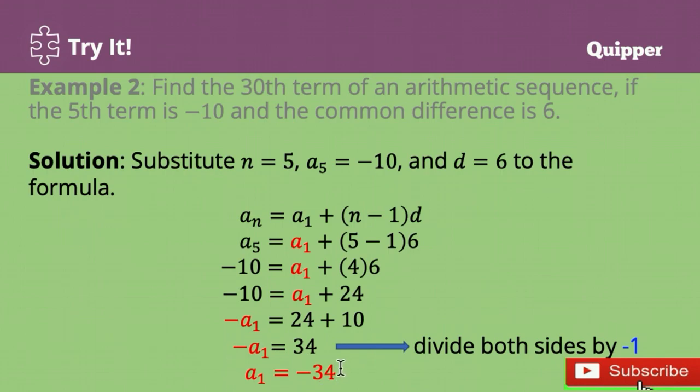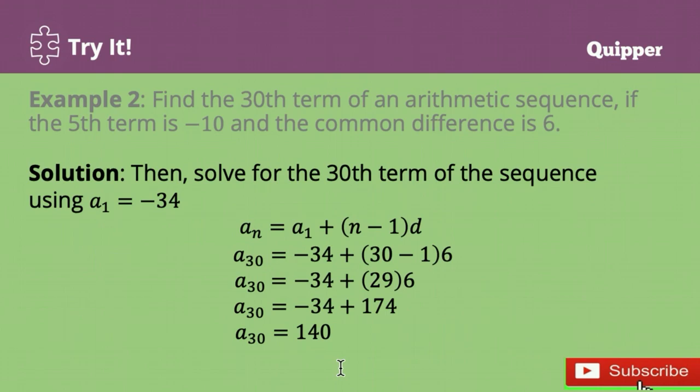Now we can use this a sub 1 to find the 30th term. Solve for the 30th term of the sequence using a sub 1 is equal to negative 34. So again, the same formula. The 30th term, or a sub 30, is equal to negative 34 plus 30 minus 1 times 6. 30 minus 1 is 29, multiply it by 6, and we get 174.